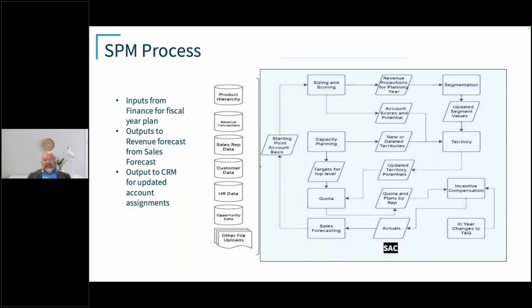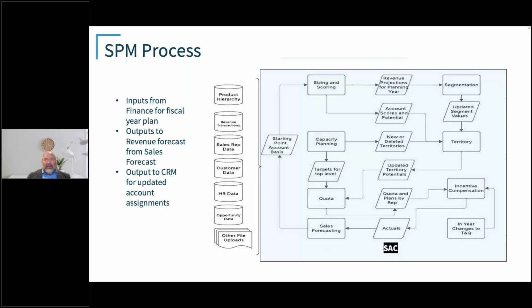Then there's the detailed planning that happens. And then there's the execution that happens around that. And so I would say sizing and scoring, segmentation, and capacity planning are really the strategic activities that happen. It's done more at a macro level. And we'll actually walk through an example of sizing and scoring a little bit later in the demonstration.